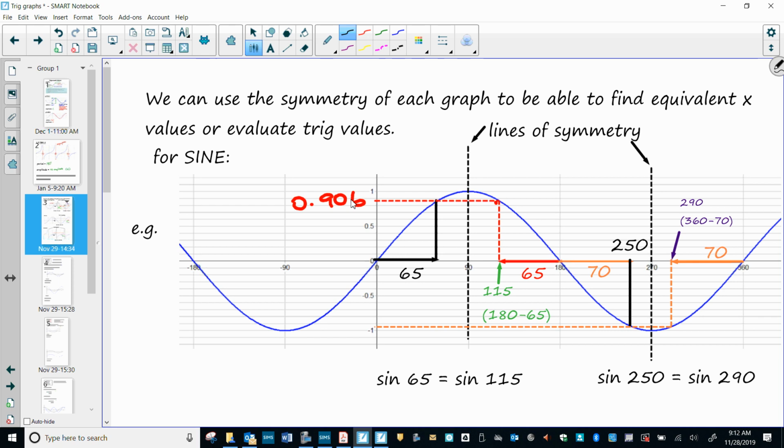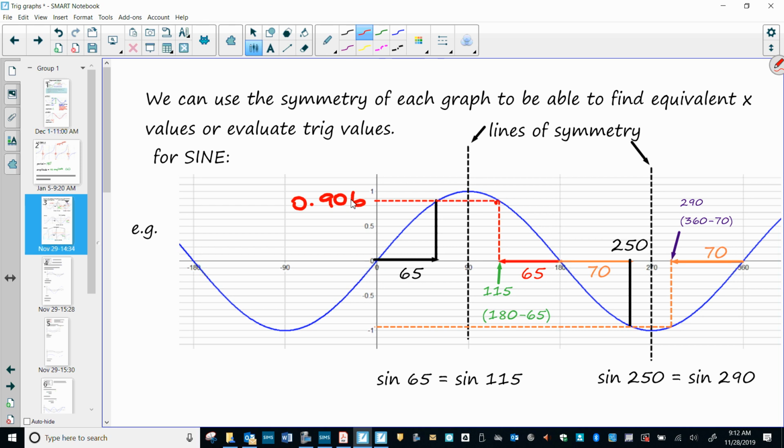Yes. And that our line of symmetry is down here through the 90. So if this portion here represents 65 degrees, hopefully you agree that this portion here would also represent 65 degrees. So if this represents 65 and this is a line of symmetry, this would also represent 65 degrees.